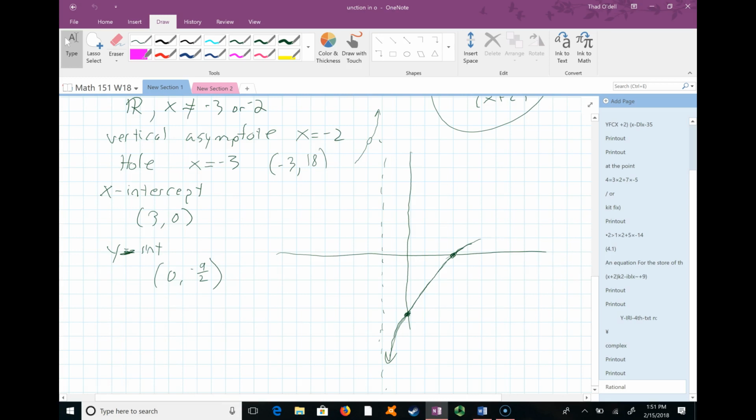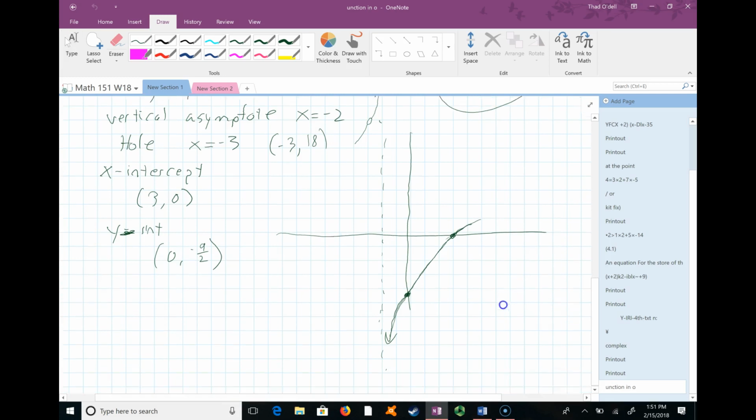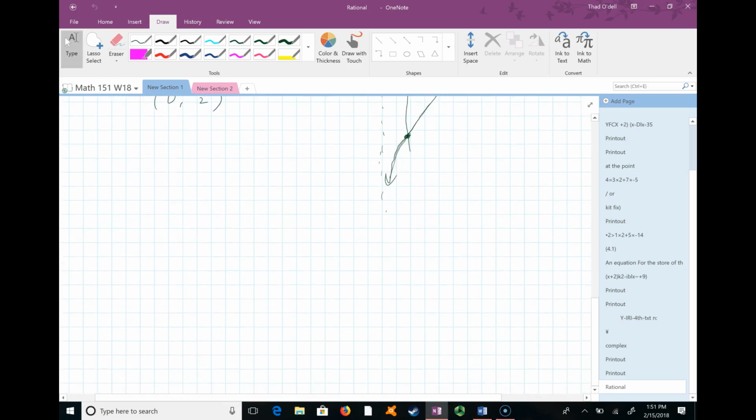Okay, now we just got to finish off. We don't know where it goes from here, and of course, that is going to be answered by looking at end behavior. So we'll talk about end behavior, then we'll come back and finish that graph. End behavior all has to do with the degree of the polynomial.